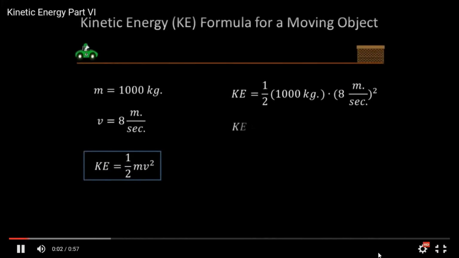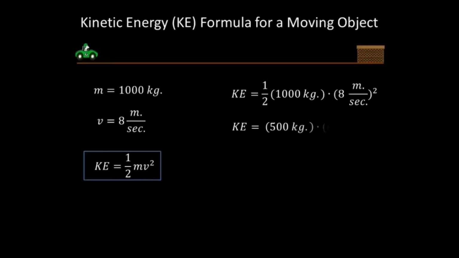Going on with our calculation. The kinetic energy equals 1/2 of 1,000 is 500 kilograms. But 8 meters per second squared is going to be 64 meters squared per second squared.